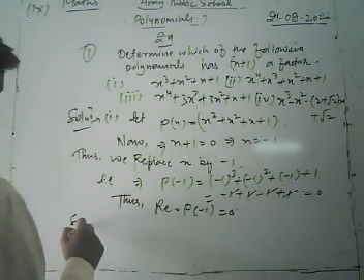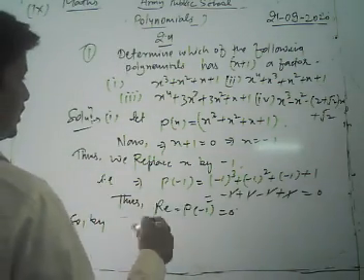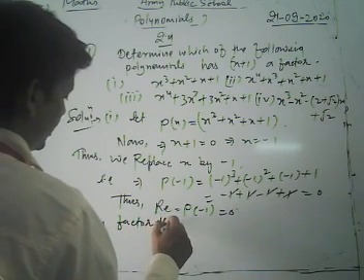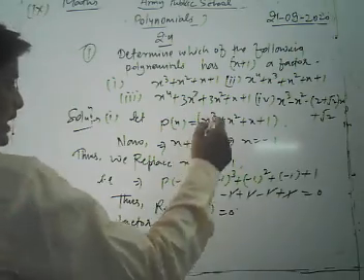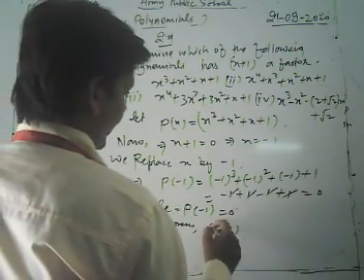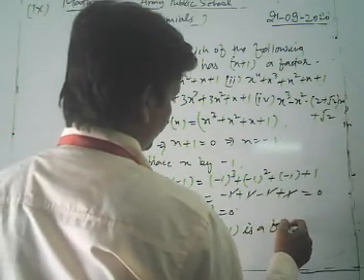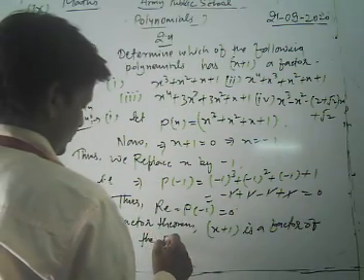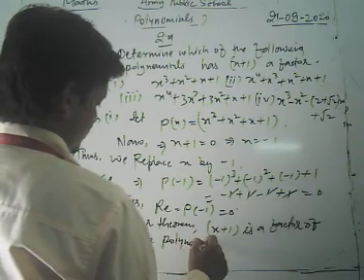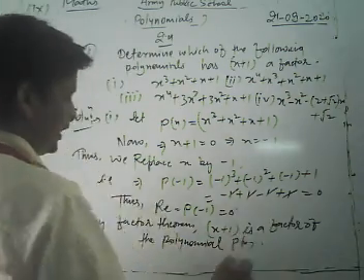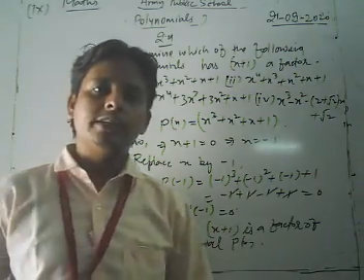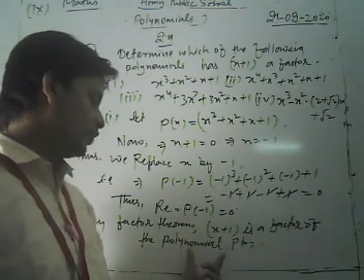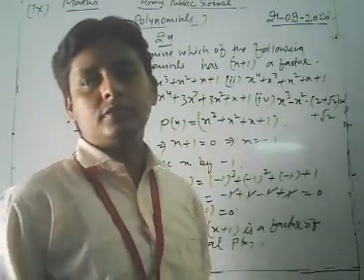So by the factor theorem we can say that x plus 1 is a factor of the polynomial p(x). In this way we determine that x plus 1 is a factor of the polynomial p(x).